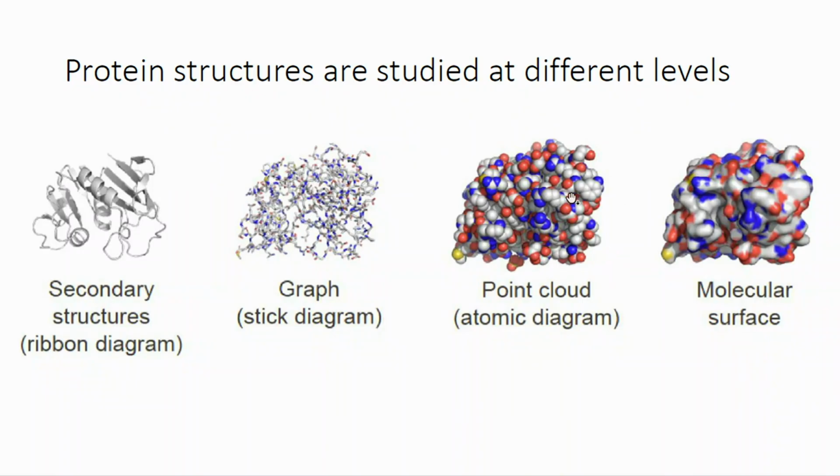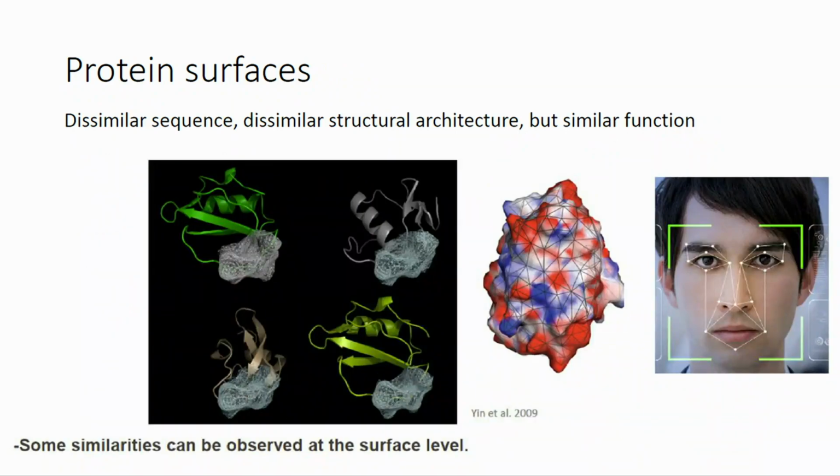This is one way of representing the geometry. The other way is to apply a mesh on top of these points. So for maybe every 3 points or 4 points, you define a small connected plane, and all of those small planes come together to form a surface of the molecule.